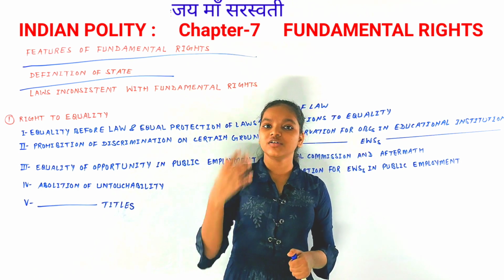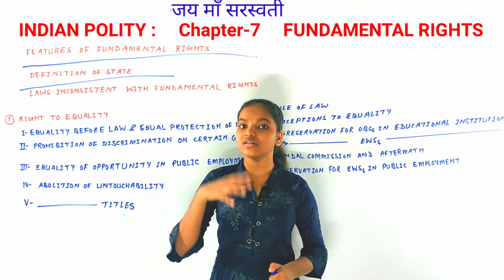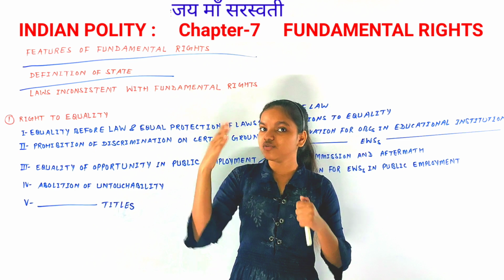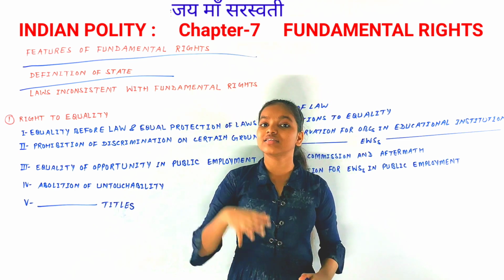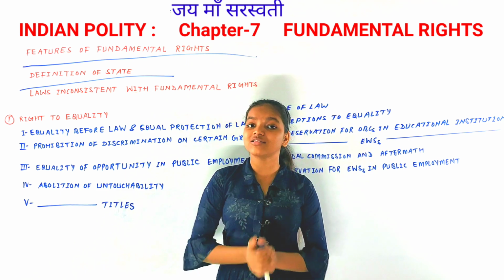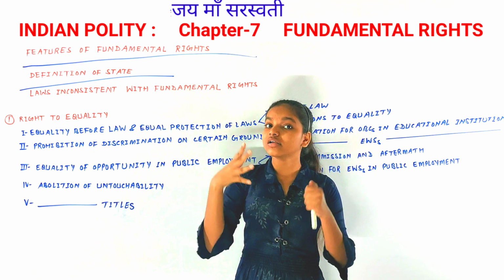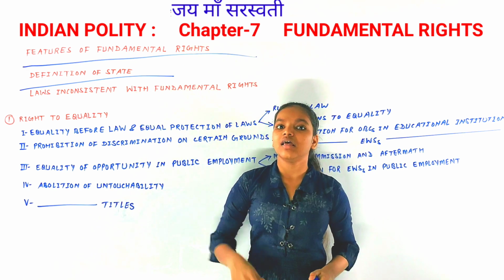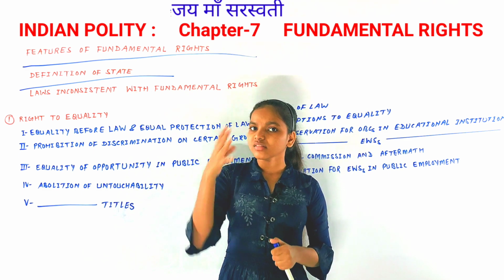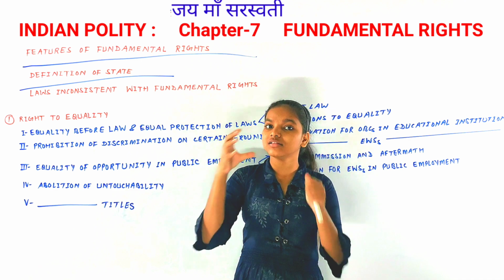That is government and parliament of union government. You can say that executive and legislative organs of the union government are state. Executive and legislative organs of the state government, and all local authorities, that are municipalities, district boards, panchayats, also come under the word state.